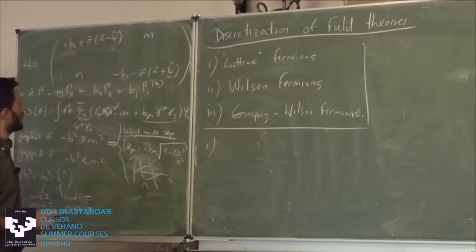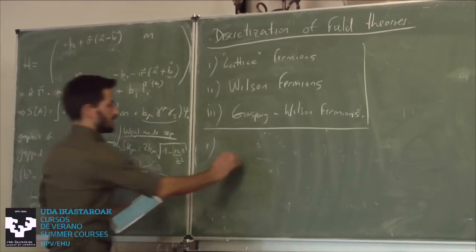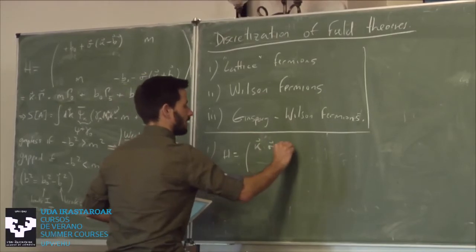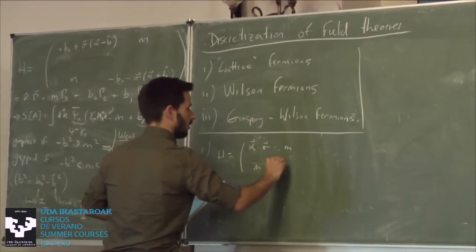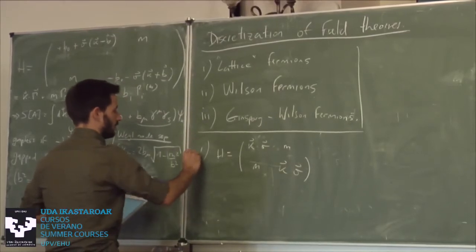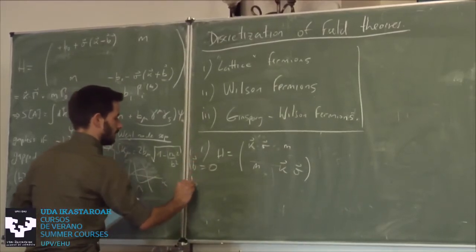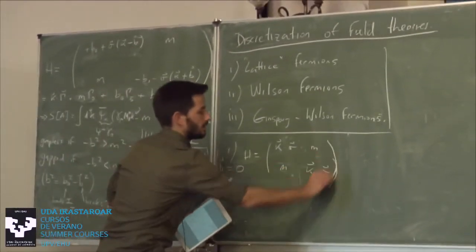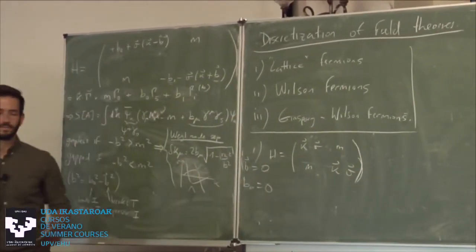Okay, so let's start with lattice fermions. So for this part, I'm just going to set all b's to 0. So I'm just going to go, spatial part of b and temporal part just to 0. And so I'm going to use the Dirac Hamiltonian.